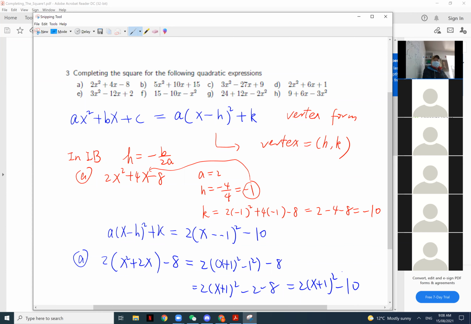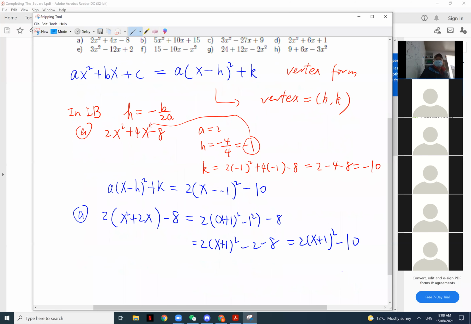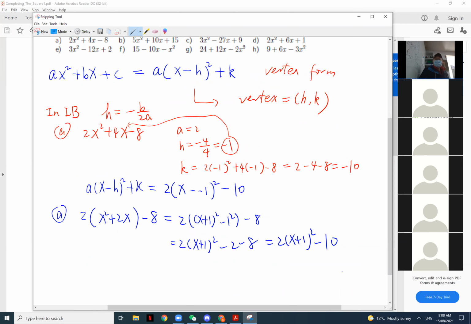Okay, this is how we do this completing square. Let's check one more, for example question H. Normally, when we do it, we take out -3. That's the first step.